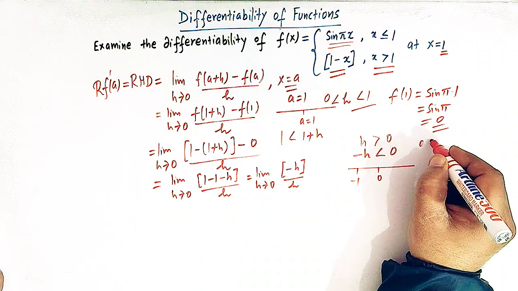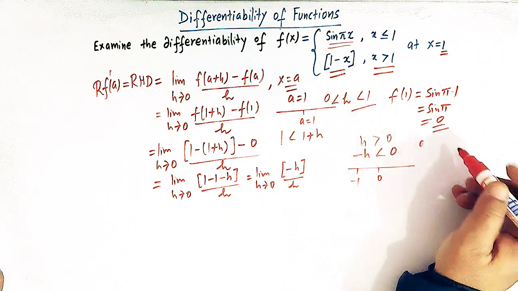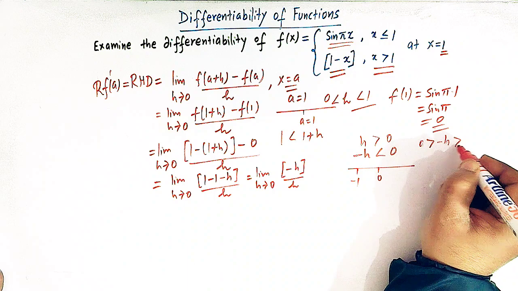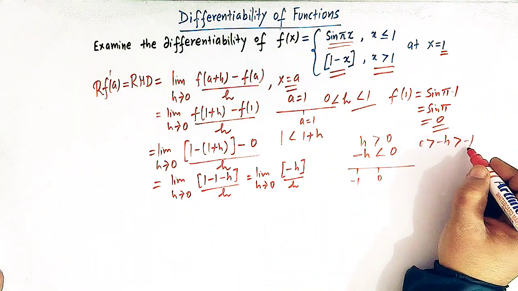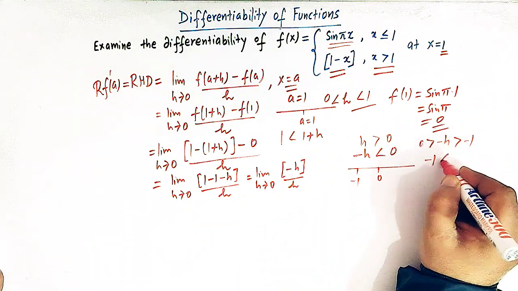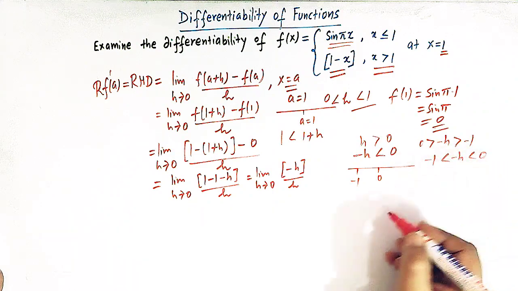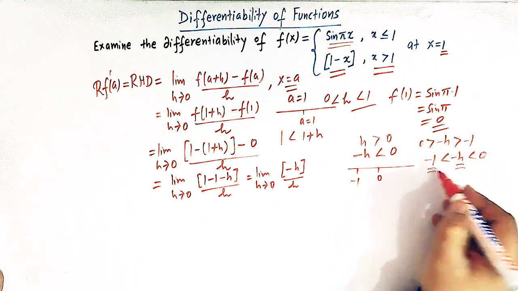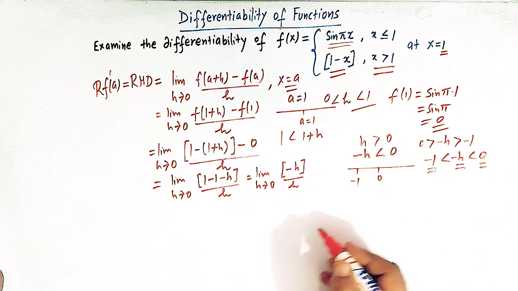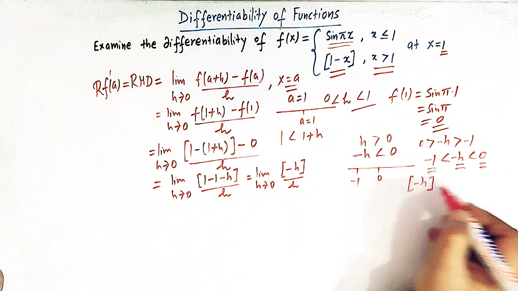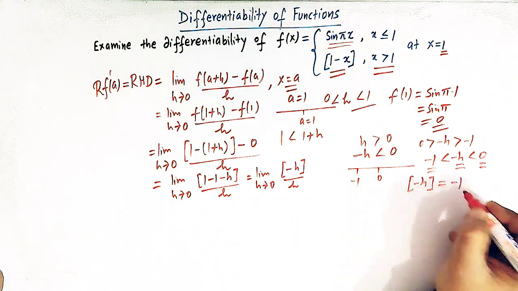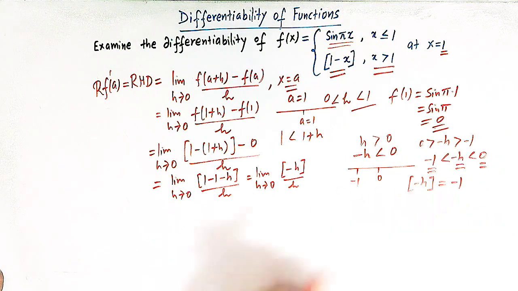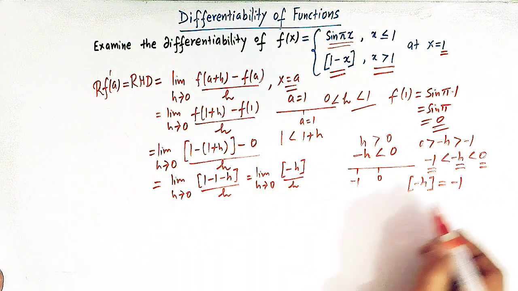We'll get, the direction of the inequality gets reversed, so we have minus h, and here we have minus 1, right? So we can write minus 1, then we have minus h, then we have 0. So minus h lies between minus 1 and 0. So the greatest integer of minus h should be equal to minus 1 by the definition of greatest integer function. So this quantity is minus 1.